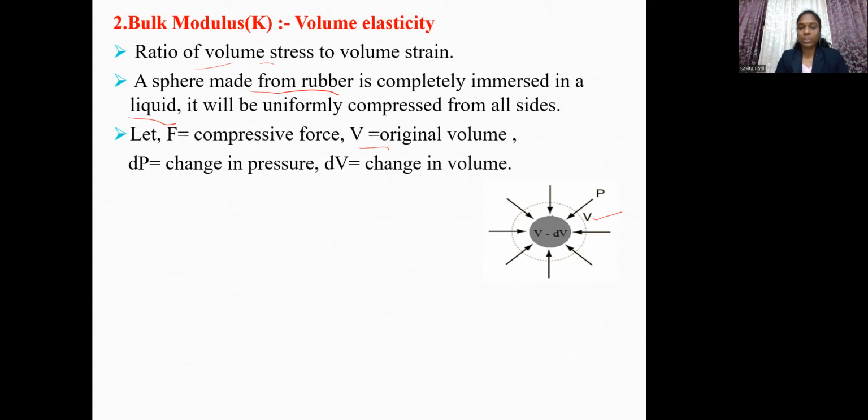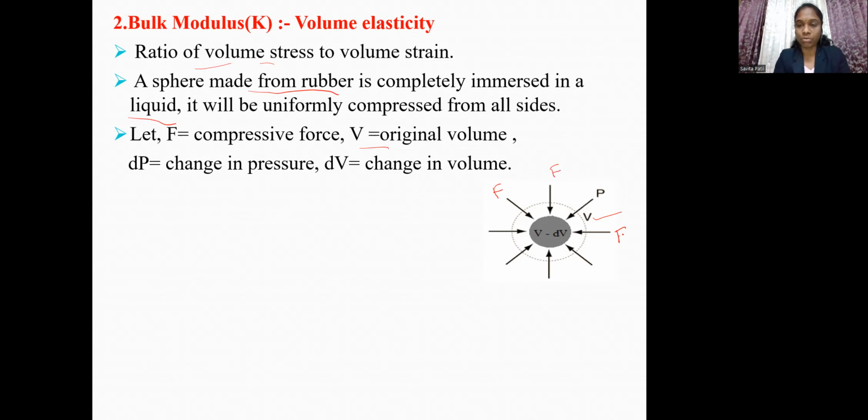Now, when this sphere made up from rubber is completely immersed in liquid, then what will happen? That liquid will exert force on that sphere uniformly from all sides. That is, when this sphere is completely immersed in liquid, the liquid will apply force on it from all sides in the perpendicular direction, like this. And due to that force of the liquid, the sphere will get uniformly compressed, meaning its size will become smaller.